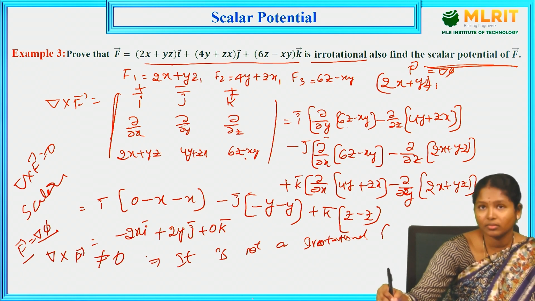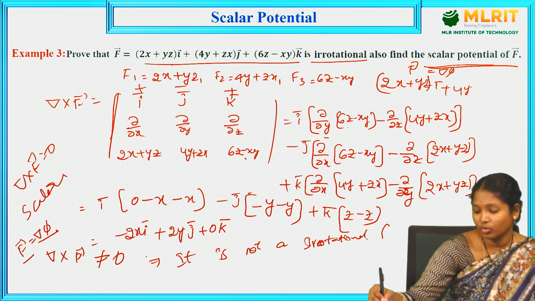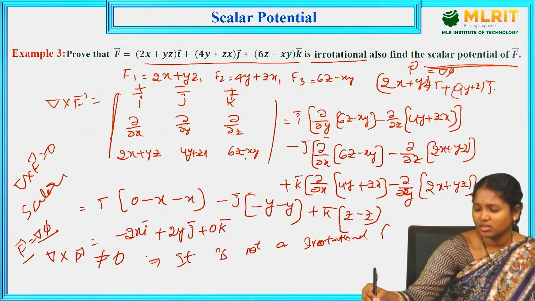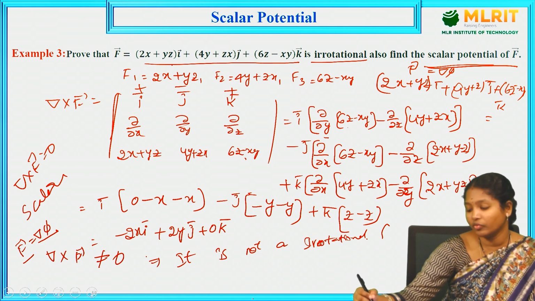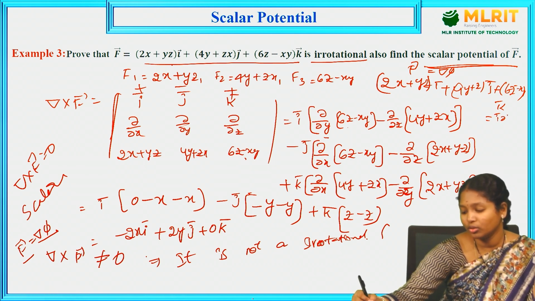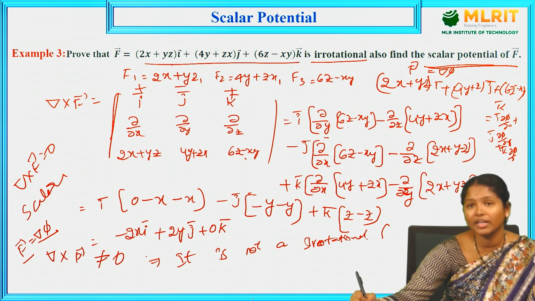Here I am writing f bar, the given vector, equal to, what is the gradient formula? i bar into dou phi by dou x plus j bar into dou phi by dou y plus k bar into dou phi by dou z, right?